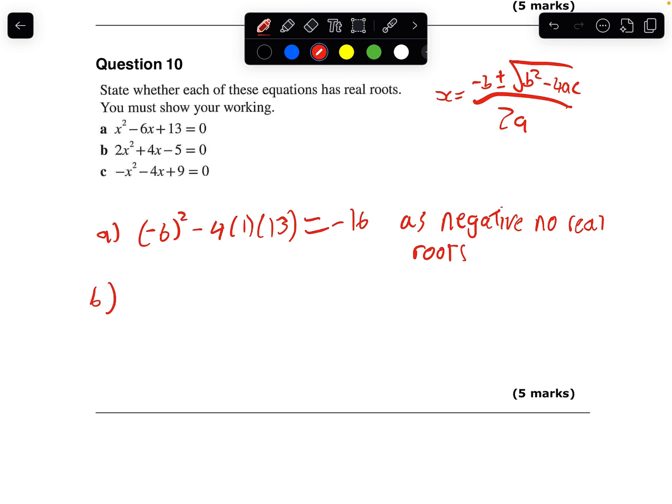Right, same idea for the next one. We can do 4 squared minus 4 times 2 times minus 5. 16 minus 8 times minus 5 is 56. So yes, positive. So real roots.